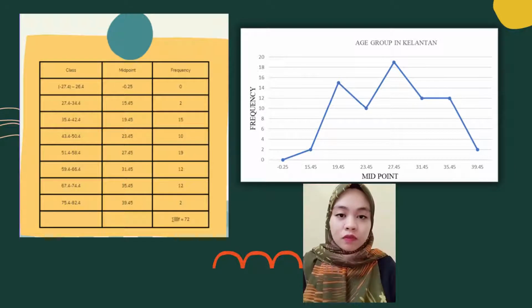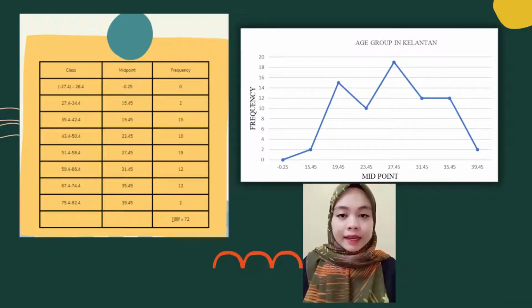The frequencies are 0, 2, 15, 10, 19, 12, 12 and 2, and the total frequency is 72.